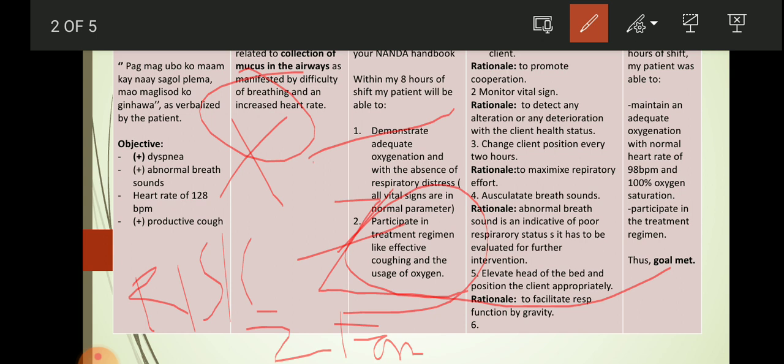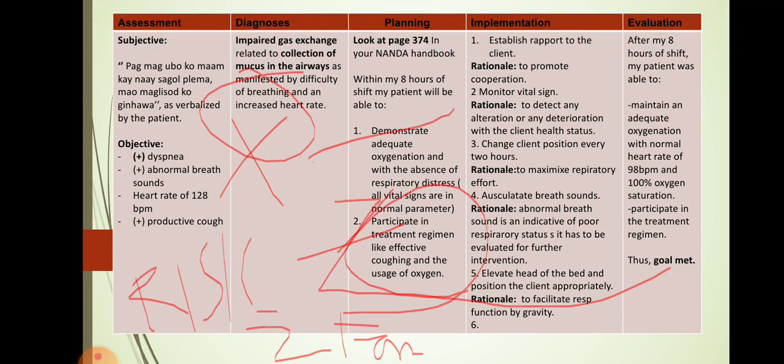The risk diagnosis comes first, and there is no "as manifested by" or "as verbalized." They come first, but the rest are just the same, okay? That is what you have to watch for in the risk diagnosis. Okay? So, that would be all.